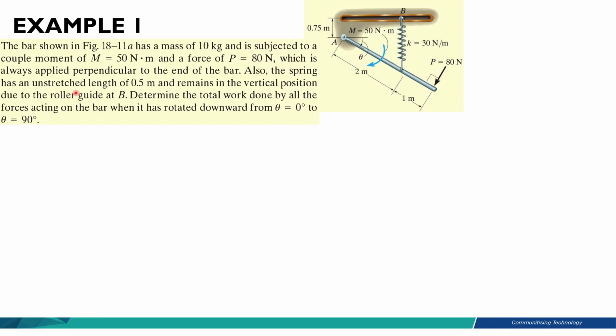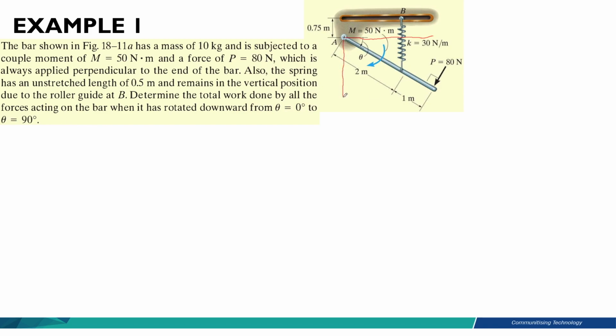The spring has an unstretched length of 0.5 and remains in vertical position due to the roller guide at B. Determine the total work done by all the forces acting on the bar when it has rotated downward from theta equals 0 degrees. Initially, the bar is here, straight, theta equals 0, and then the final position is theta equals 90 degrees.